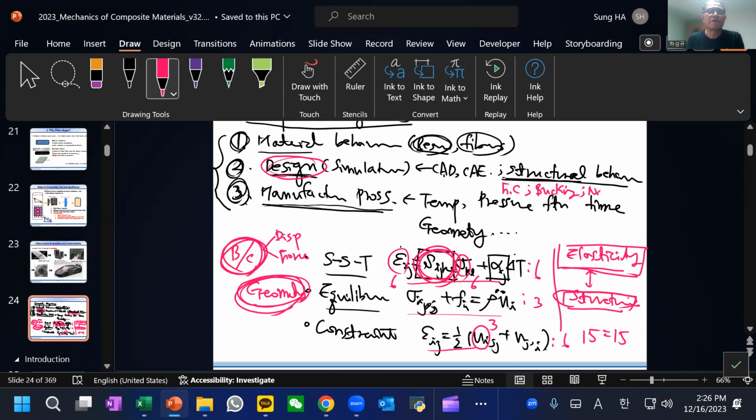and natural frequency. Always three concepts: failure criterion, buckling, and natural frequency. If it is the failure criterion for the static, then for the dynamic we have fatigue. So fatigue, static failure criterion, buckling, and natural frequency.